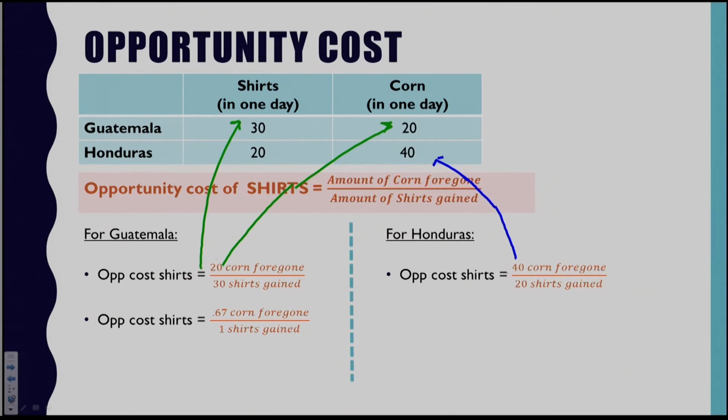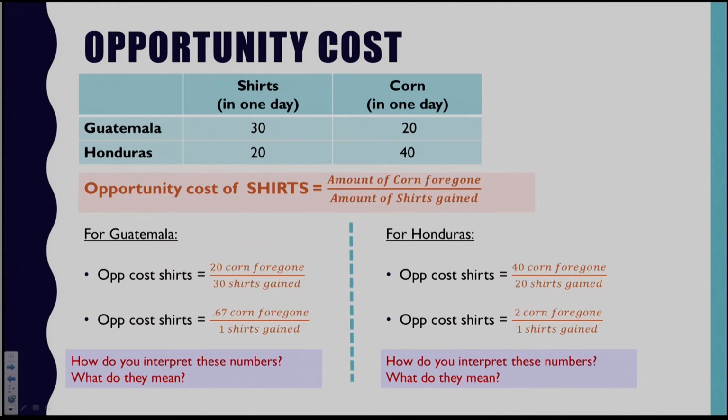And then the 20, squeaky pen, sorry, comes from right there. Okay. All right, but by now you probably have this down. Again, we have to reduce the fraction, so the opportunity cost of shirts is 2 corn foregone divided by 1 shirt gained. Now, see why we want 1 on the bottom. Now I can compare between Guatemala and Honduras, and ultimately that's what's going to help us decide who should specialize in what.